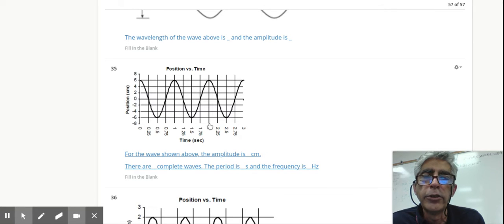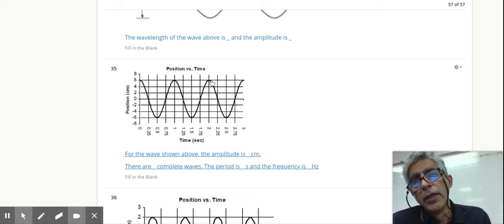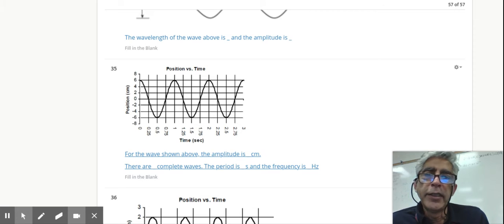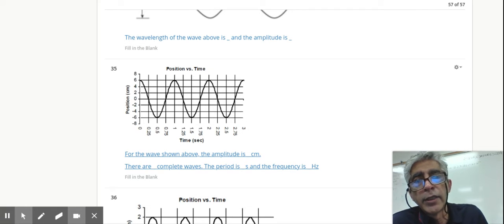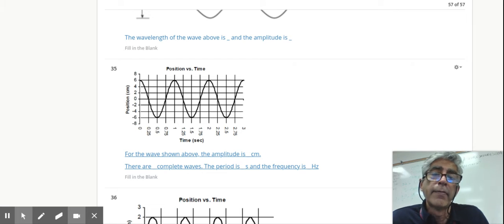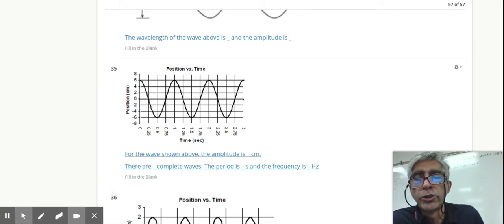So you could just subtract 2 minus 1, which is 1 second. So it takes 1 second for this wave to complete itself. So if the period is 1 second, that's the time it takes to complete one wave. The frequency will be 1 hertz because it's 1 divided by 1, which is just 1.